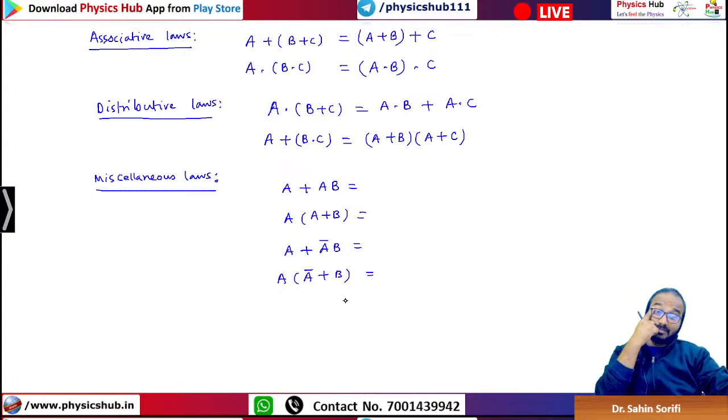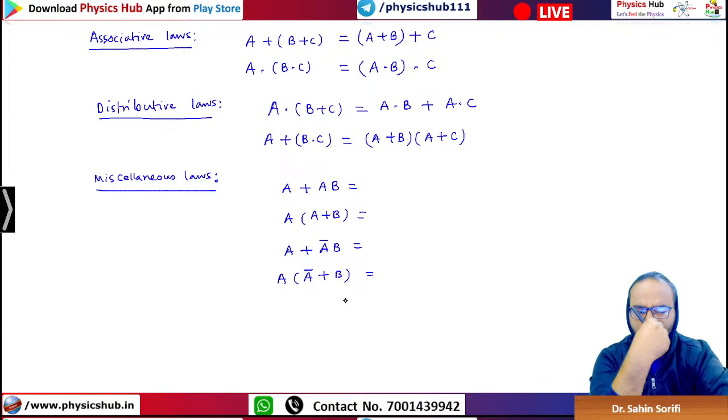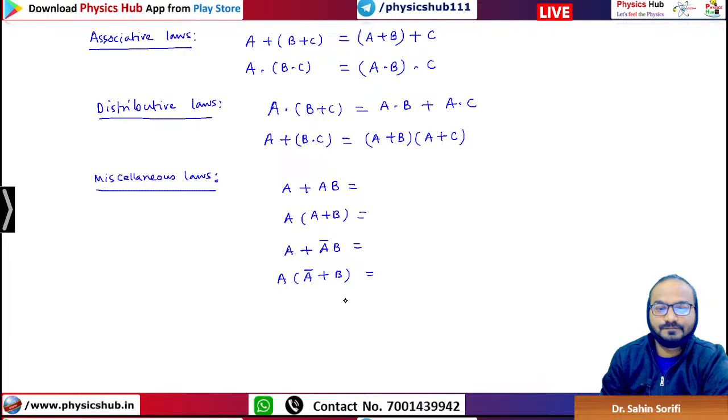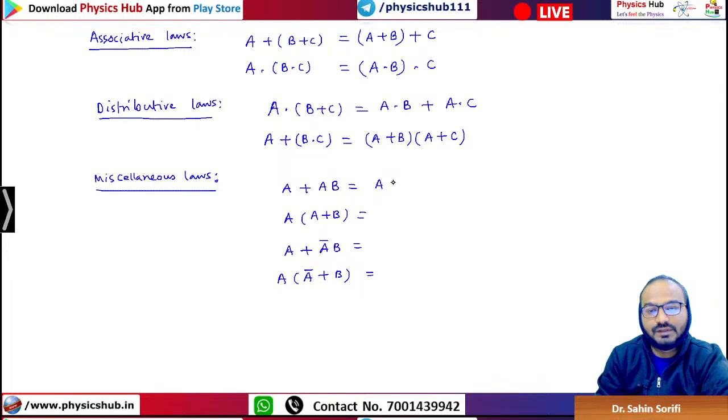Tell me the first one, A plus AB, what can you write? It is A: if you take A common, 1 plus B, and 1 plus B is 1, so that is A.